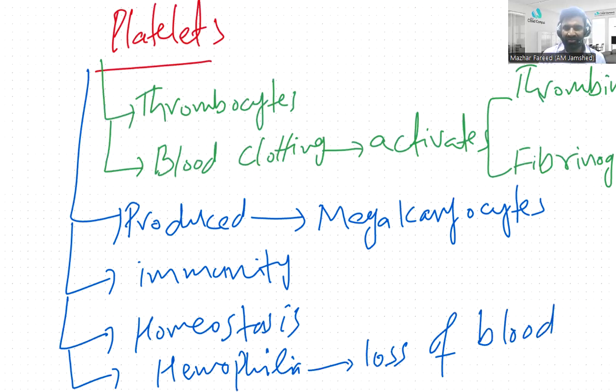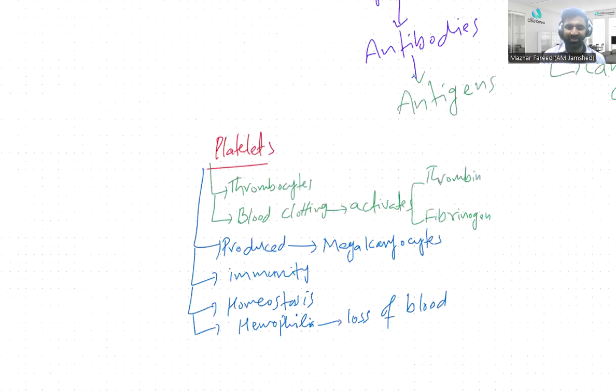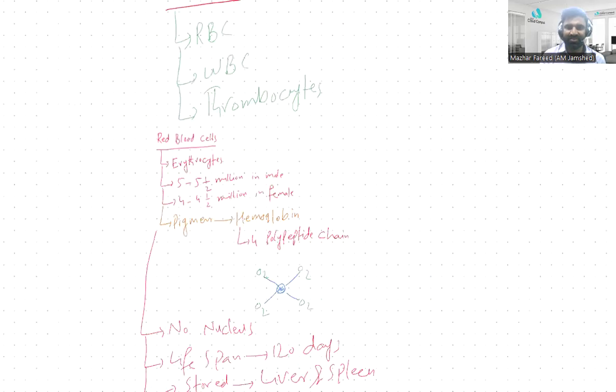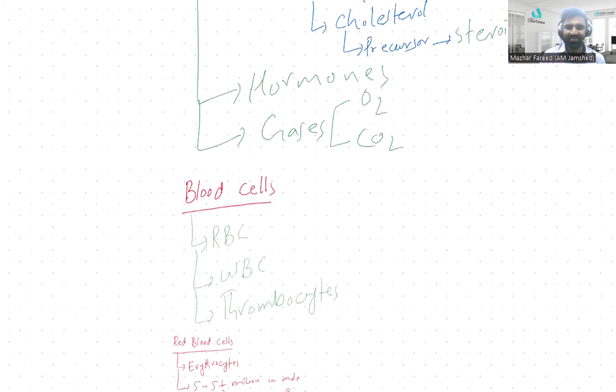So this is our lecture on the first portion of the circulatory system, the circulatory fluid. And this was a complete composition of this.